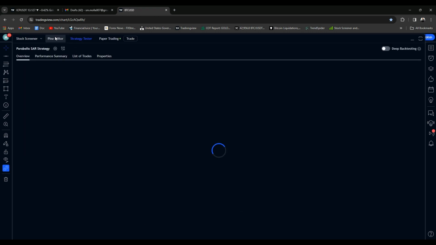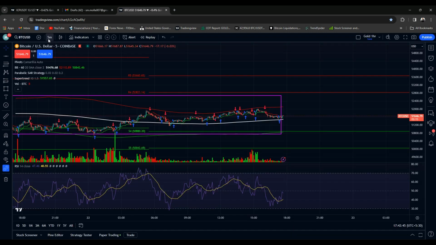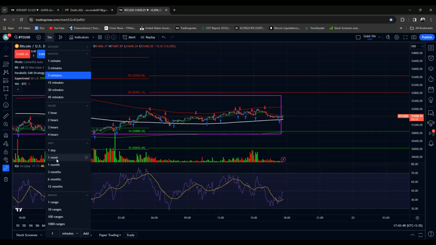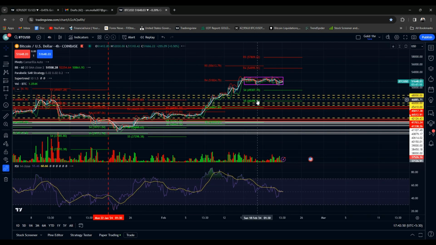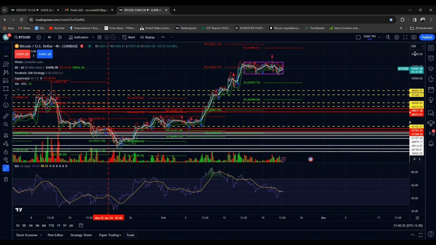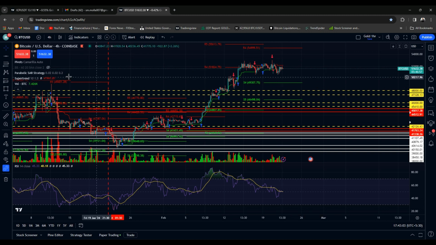But if you look at other factors on the more hourly scale, it's harder to long this market anyway.